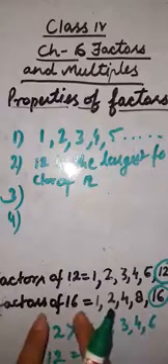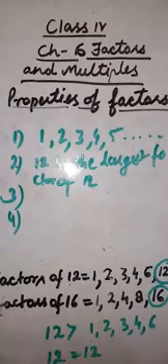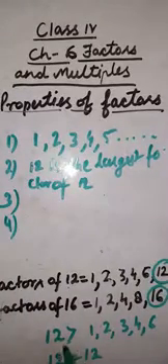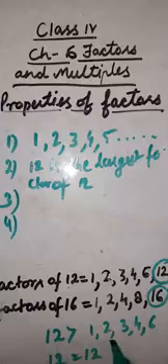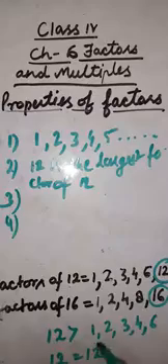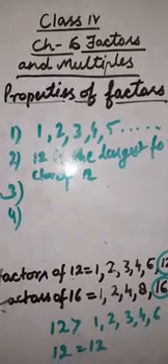And in the second example, the factors of 16, same: 1, 2, 4 and 8 are smaller than 16, and 16 is equal to 16. It means that the factors of a number are either less than or equal to the number, right. Either they are smaller than it or equal to it. Is it clear to you, children?